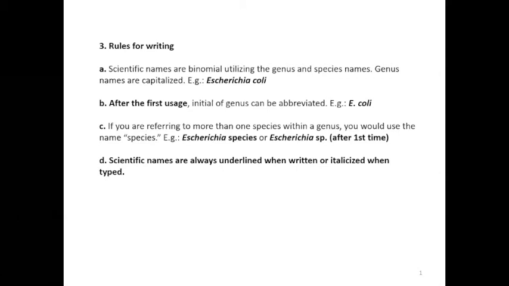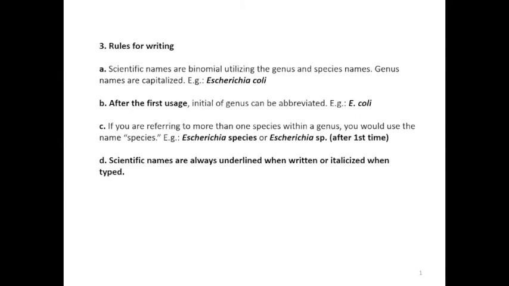If I'm referring to more than one species within a genus, you use the word species. So I'm talking about the whole species here. Now, what do we notice that's different about the word species compared to Escherichia? It's not italicized. Why is that, do you think?